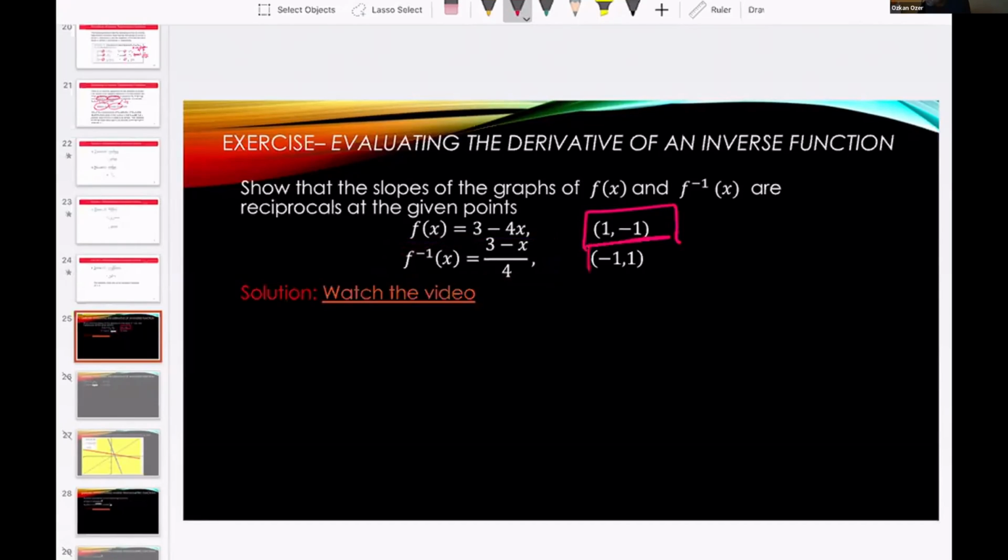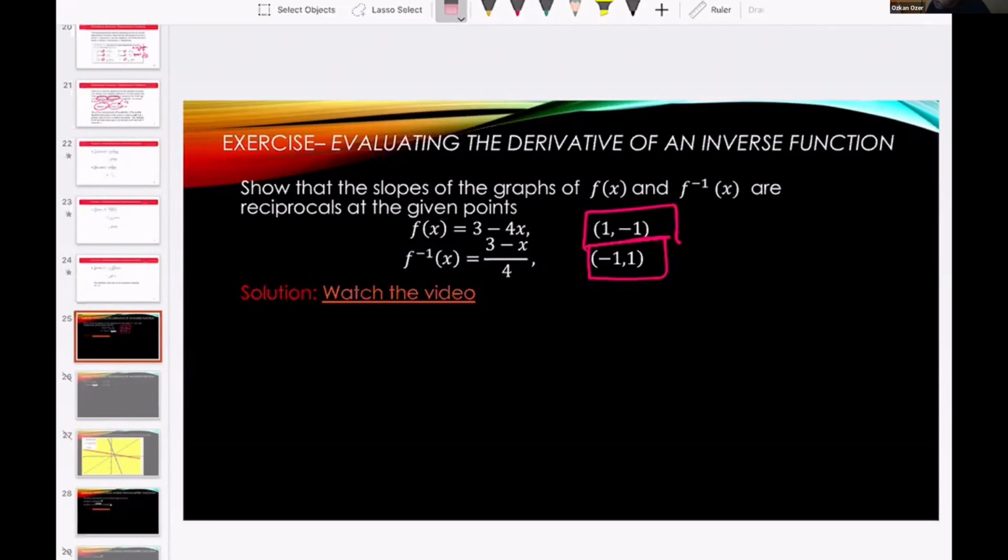For f inverse, remember that the x and y coordinates switch. So the point that passes through the graph of f inverse is negative 1 and 1 after you switch. This question is asking to find the slopes of f at 1 and f inverse at negative 1. So two things are being asked.